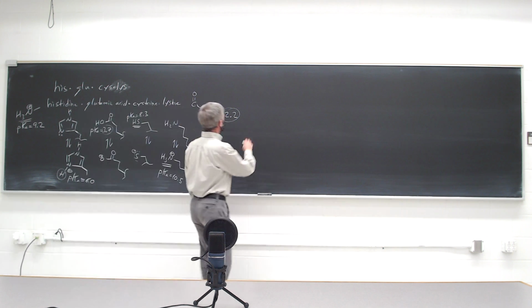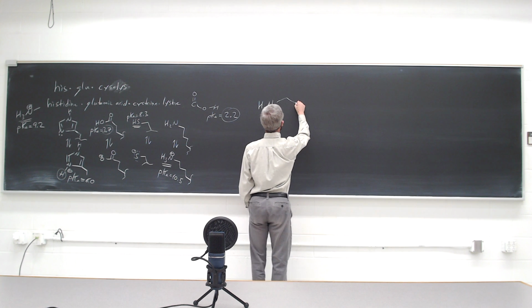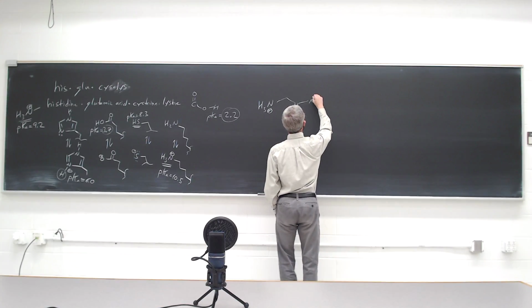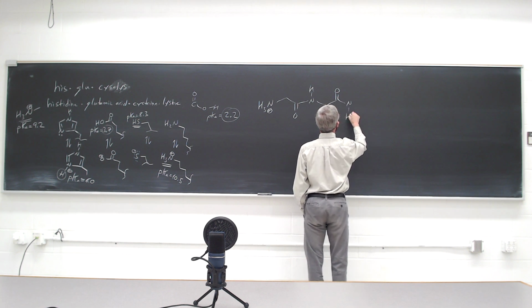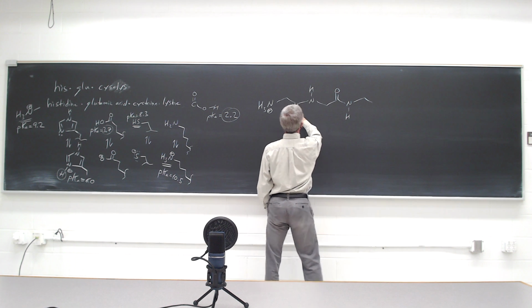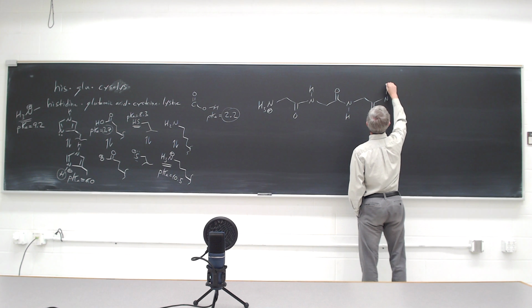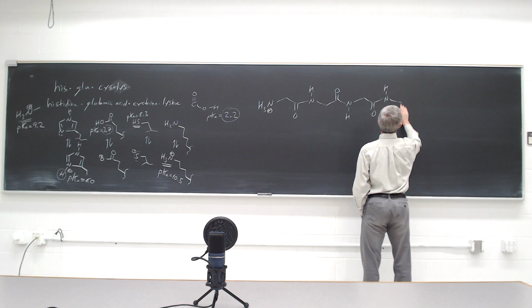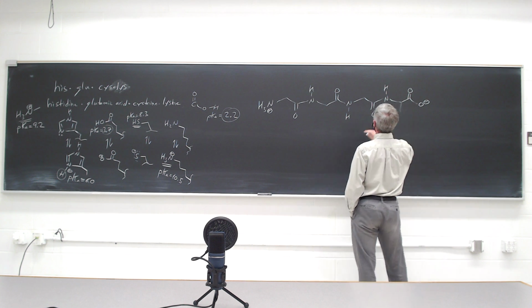So if we want to draw it at physiological pH, we've got our NH3 group on the N, 1, 2, 3, one more. Got that group.